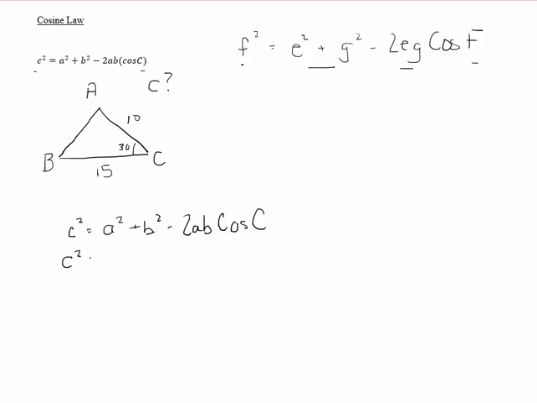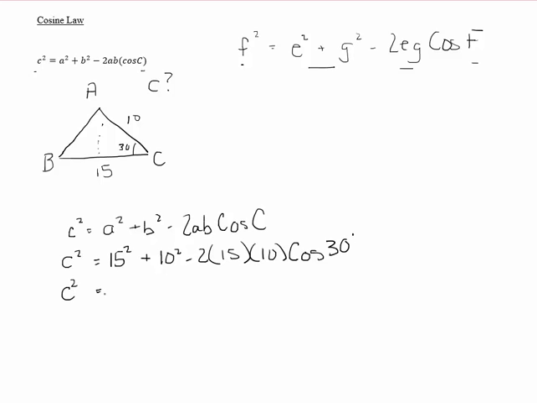So side C, I don't know. A is 15, remembering that it's always the side that's across from the angle. That's how I knew it was 15. My B is 10, minus 2 times 15 times 10 times cos, that's a capital C, angle 30 degrees.